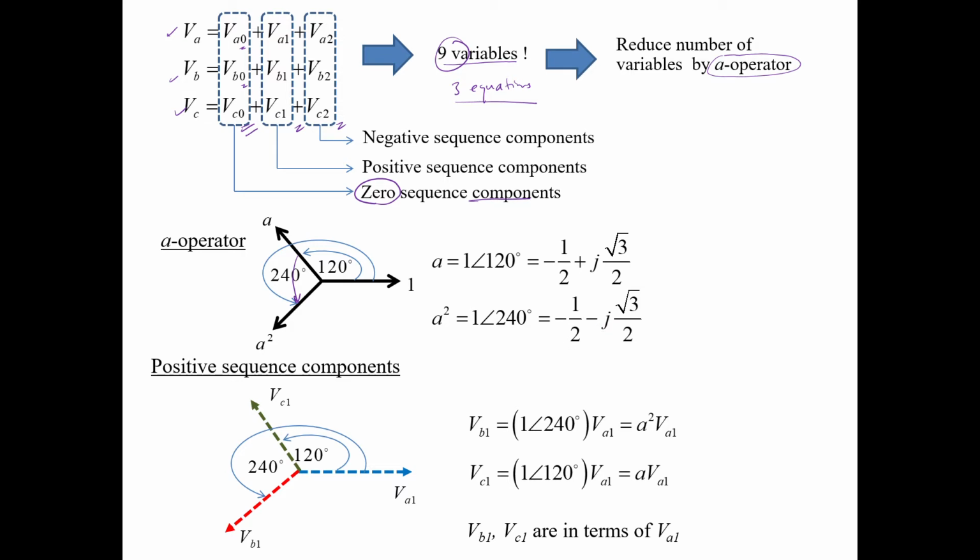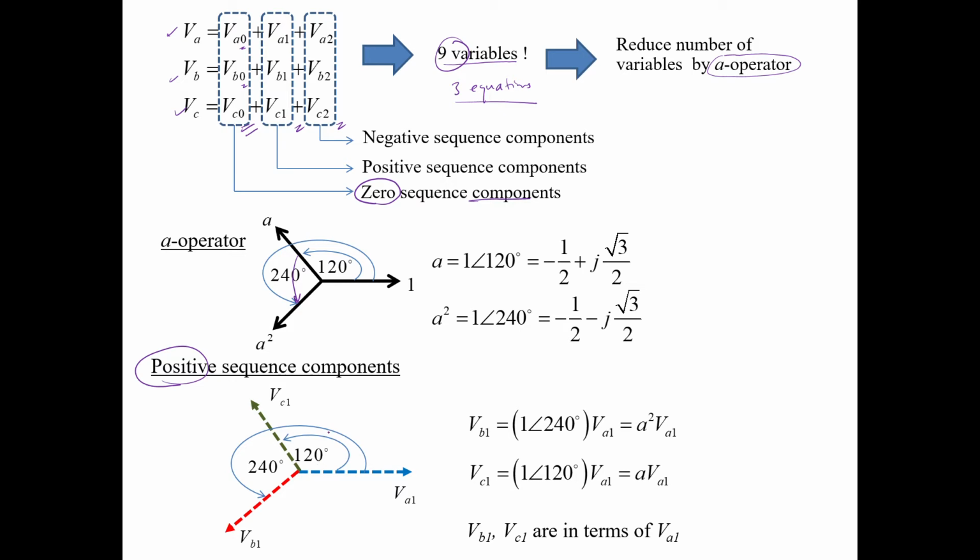3 variables, okay? If we analyze the positive sequence component, it looks like this: VA here, VB here, and VC here. We express this VB and VC in terms of the A operator. So everybody knows that the VB here is the rotation from VA in the positive direction twice, right?